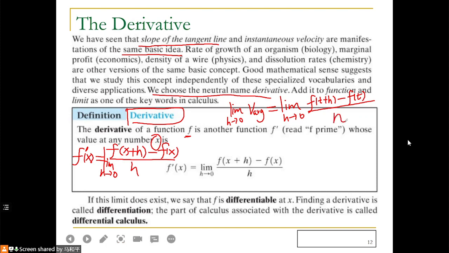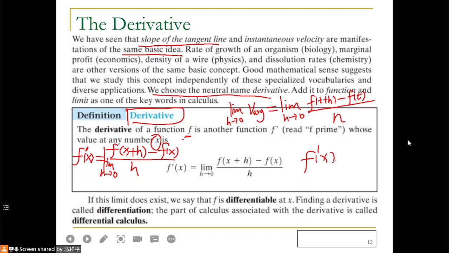So you can see we choose a neutral name, derivative. The f(t) here is not only the distance, okay? It's just a general function. So we get this f prime of x.